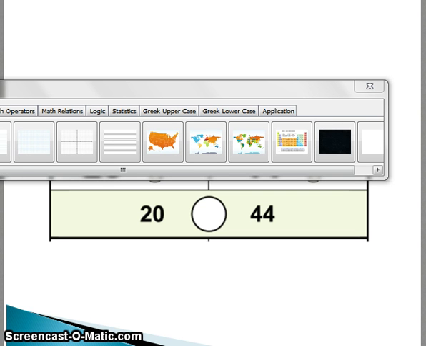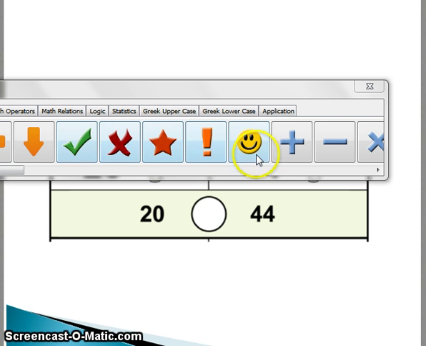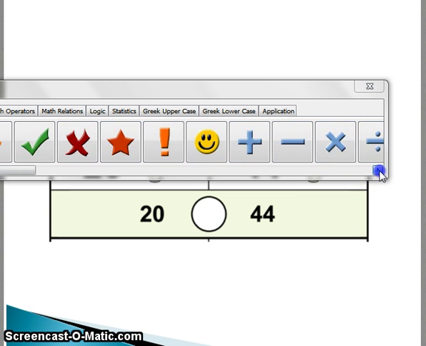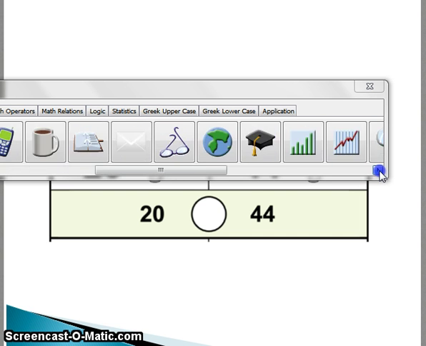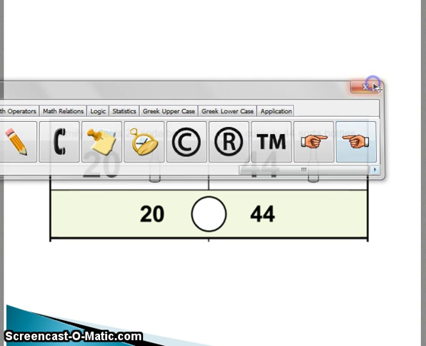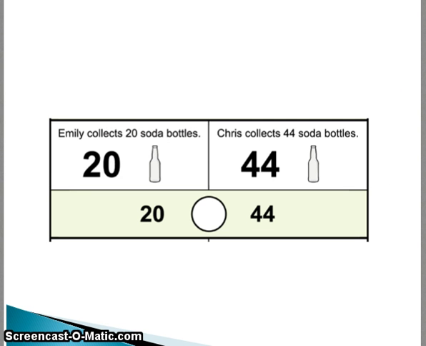Okay, so we're going to get our symbol here. Okay, so we're going to make the big side towards the 44 because that alligator is going to gobble up that 44. Because it's the biggest number.